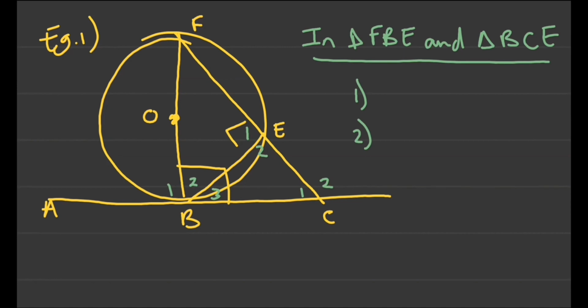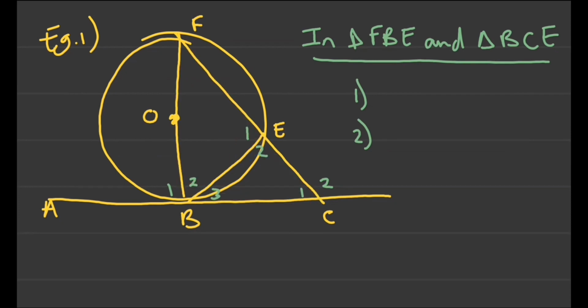So if you don't know what triangles I'm talking about, I'm just going to highlight them now. So FBE is the triangle inside the circle. There you can see I'm highlighting it in red. And then BCE is the smaller triangle that is outside the circle. Okay, you want to prove that they are similar. So you need to find an angle in the red one equal to an angle in the blue one.